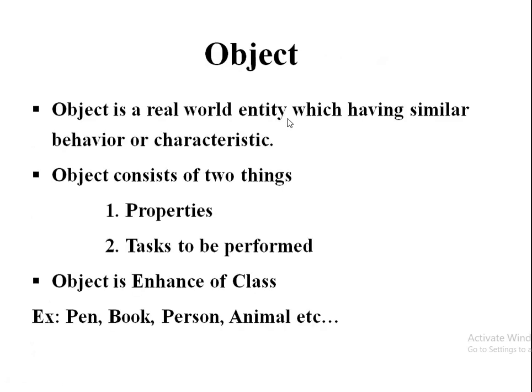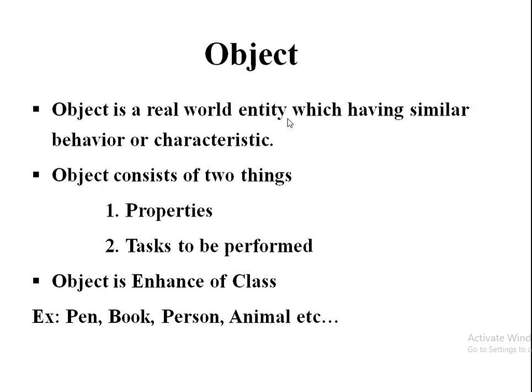Then object. What is an object? An object is a real world entity which has similar behavior and characteristics. It may be anything. It may be a pen, a book, a person, anything.